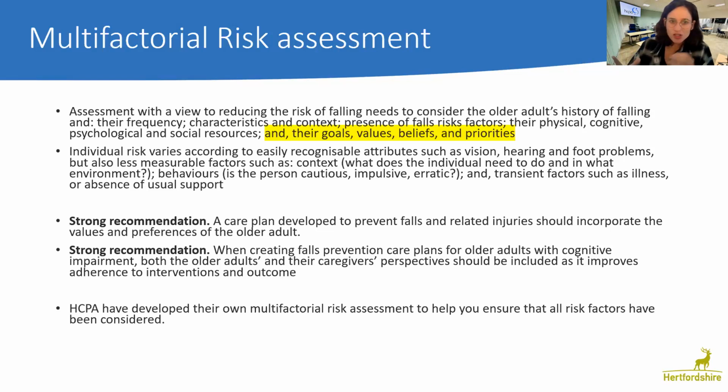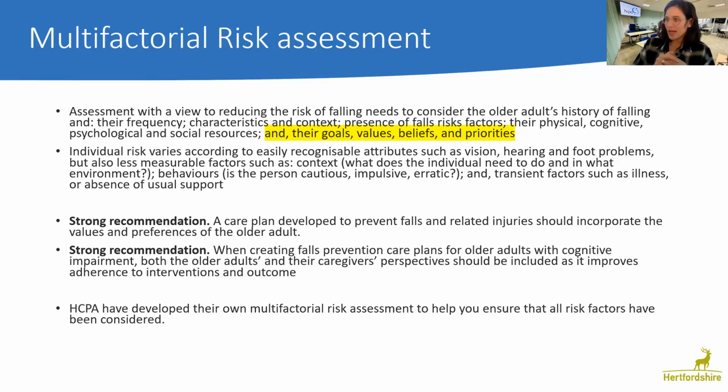So guidance then, strong recommendations, and you're going to see the strong recommendations all the way through for the next until 3 o'clock. A care plan developed to prevent falls and related injuries should incorporate the values and preferences of an older adult.